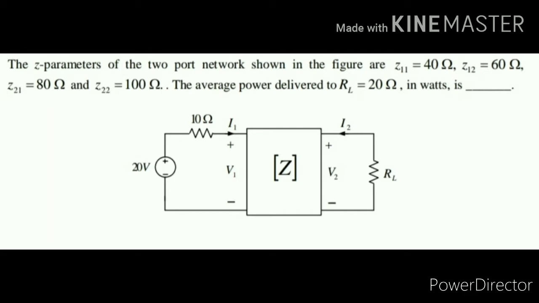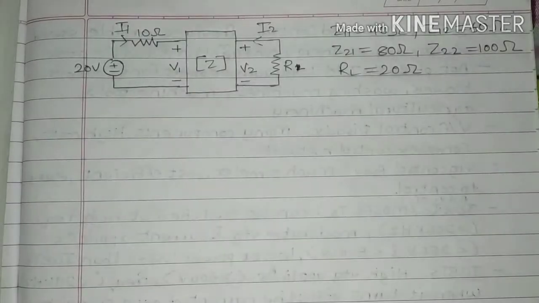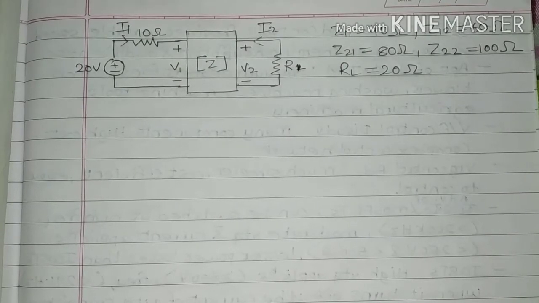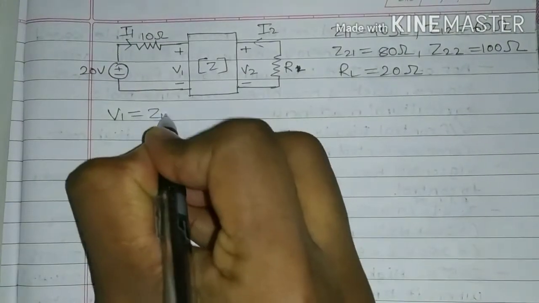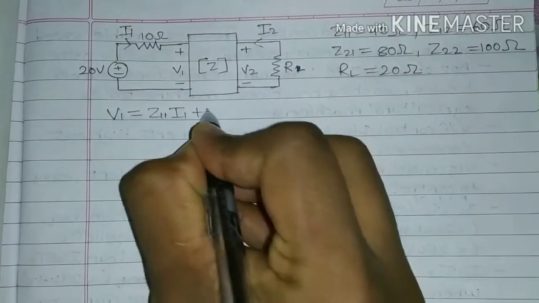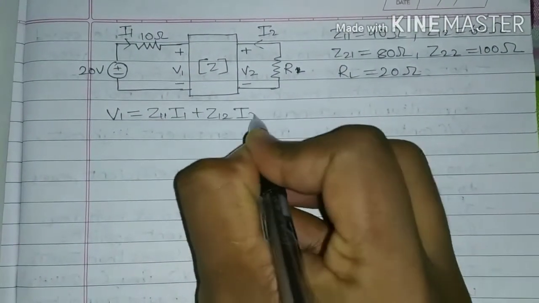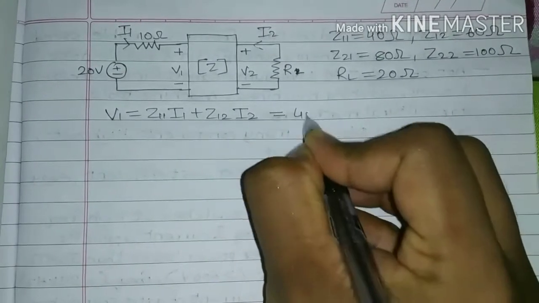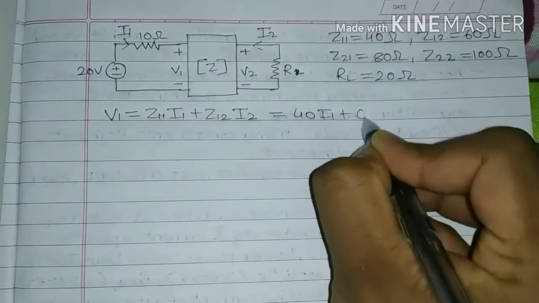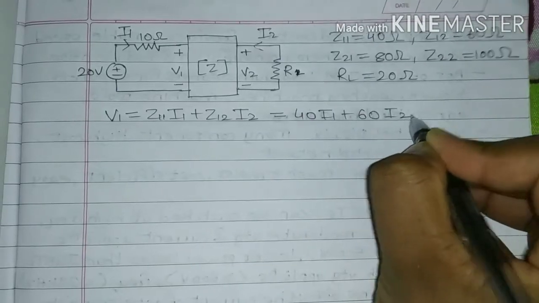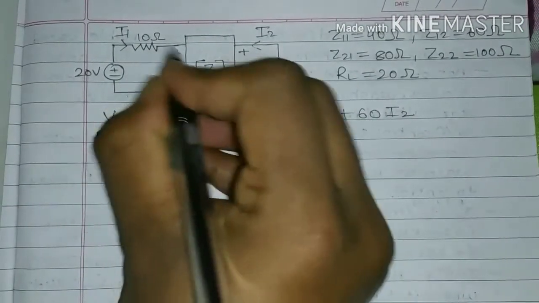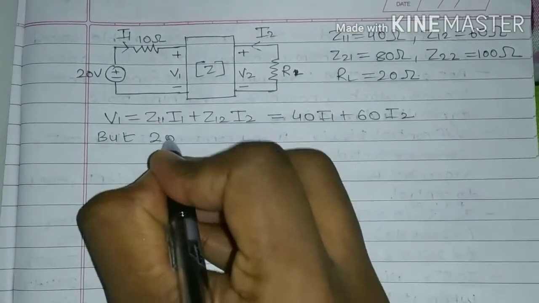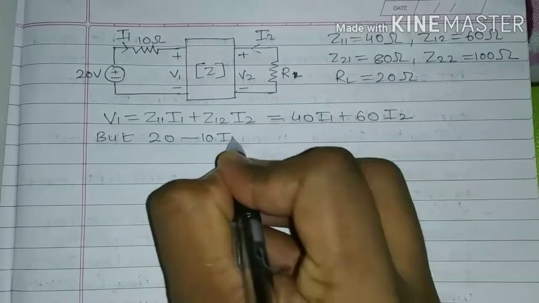In this question we have to find out the power delivered to the load RL. We know that the equation of Z parameters is given by V1 is equal to Z11 I1 plus Z12 I2, which is equal to 40 I1 plus 60 I2. By applying KVL over here we get 20 minus 10 I1 minus V1 is equal to 0.